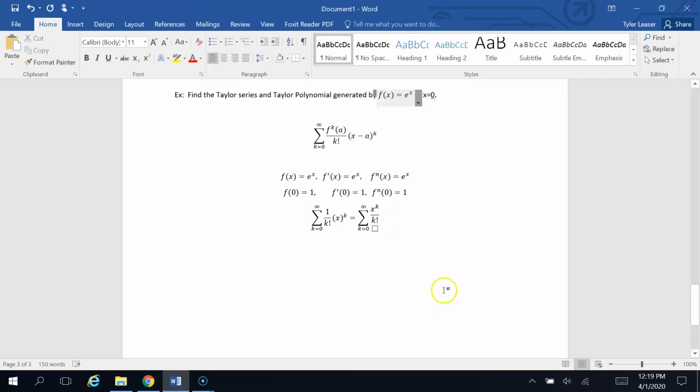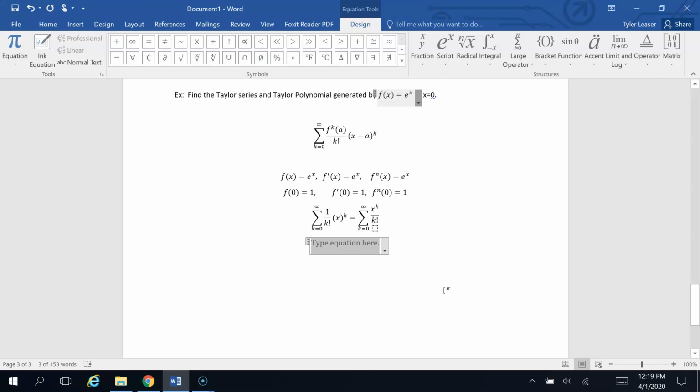The Taylor polynomial, so we would plug in 0, which is going to be x to the 0 divided by 0 factorial, which is just 1, plus plugging in 1 is going to be x to the 1 divided by 1 factorial, which is x. Plugging 2 into this, I get x squared divided by 2 factorial, which is 2. x cubed divided by 3 factorial, which is 6.